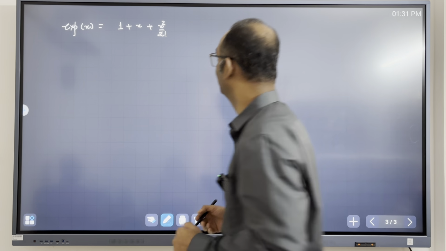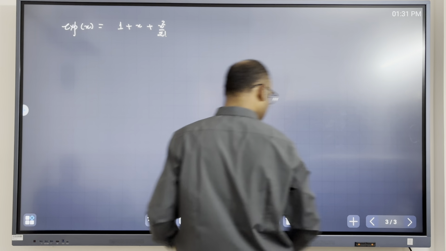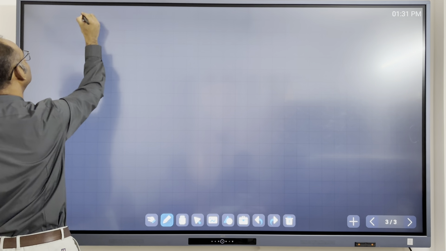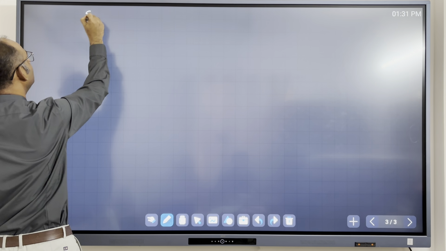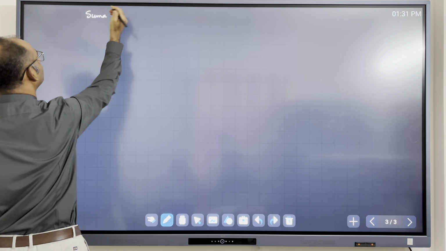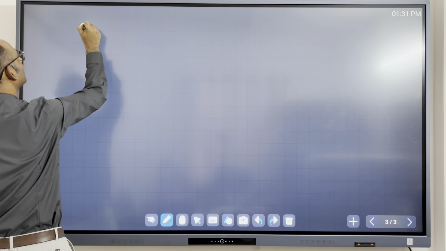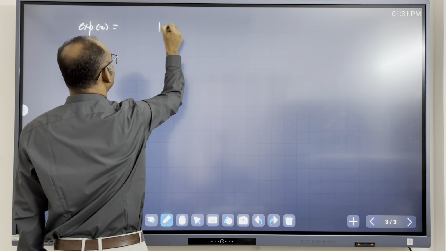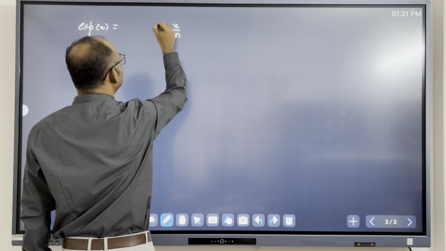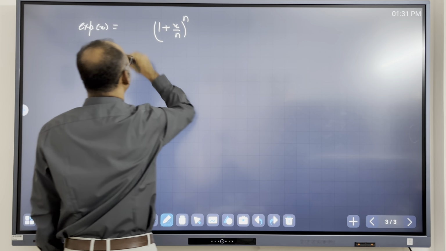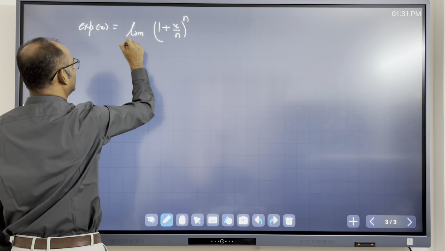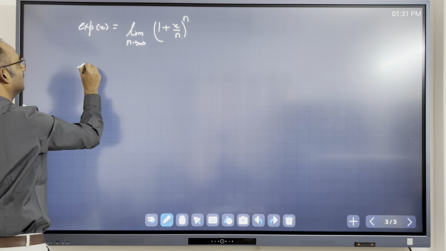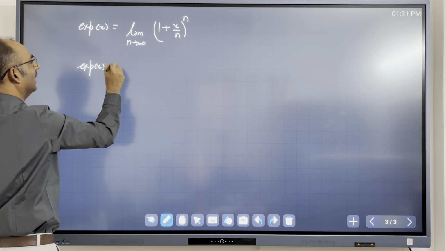So always remember that. So summary so far: exponential of x is 1 plus x over n to the n, limit n going to infinity. And I have shown you just now that exponential of x has this expression.